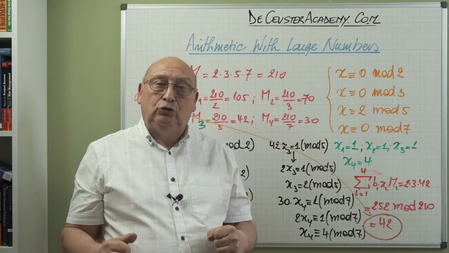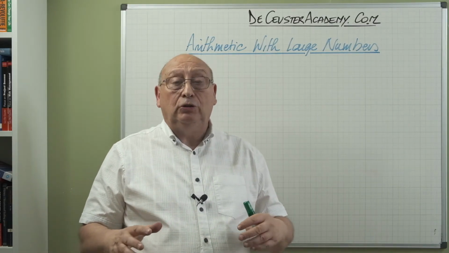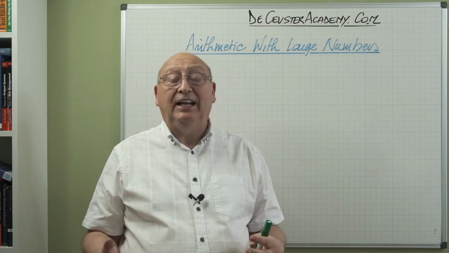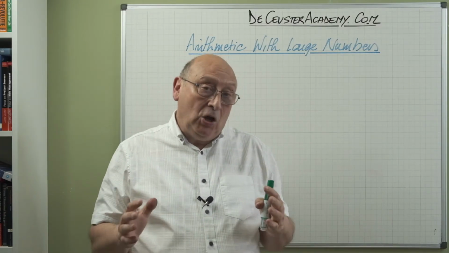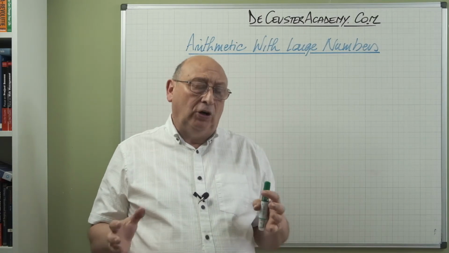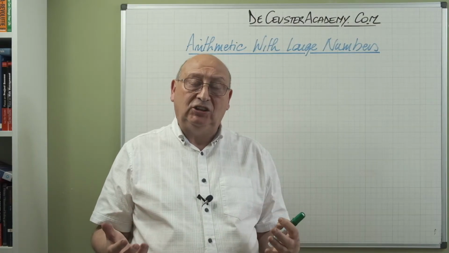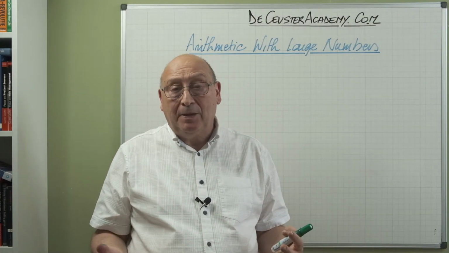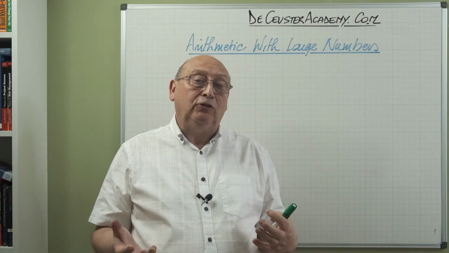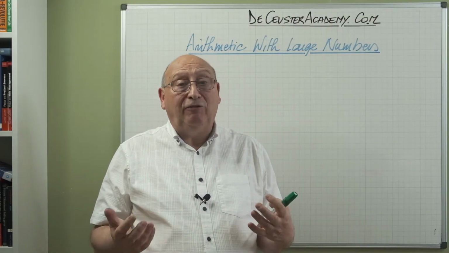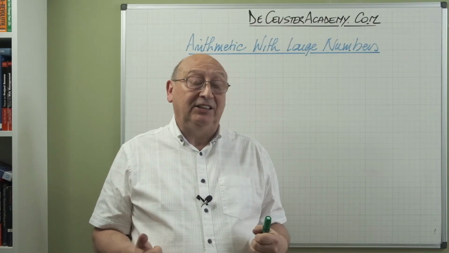Let's now do the multiplication of A and B. We're going to use this method to calculate the multiplication of 15 and 27. But remember what I said before. When the result is larger than m, in this case larger than 210, we will not find the exact solution. We will find the solution modulus 210.